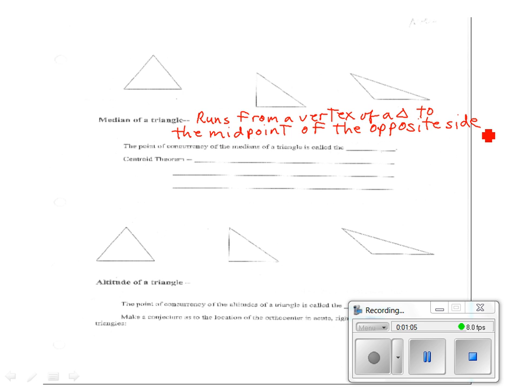So median, we pick a vertex. Every triangle's got 3 vertices. We pick a vertex, you can pick any of the 3 corners, and you want a segment that goes to the midpoint of the opposite side. So it would look something like that.